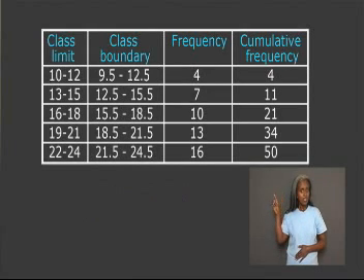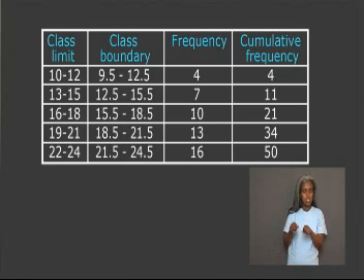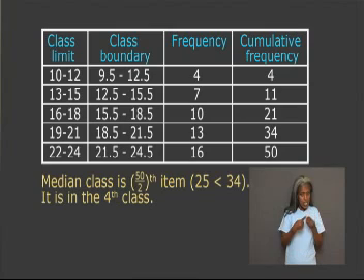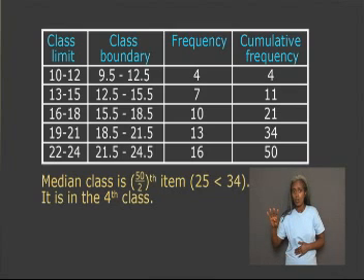Here is the same table we used to find the mean. As you can see, the cumulative frequency equals 50. Therefore, the median class is the item equal to 50 over 2, or 25. Since 25 is less than 34, the median is in the 4th class.